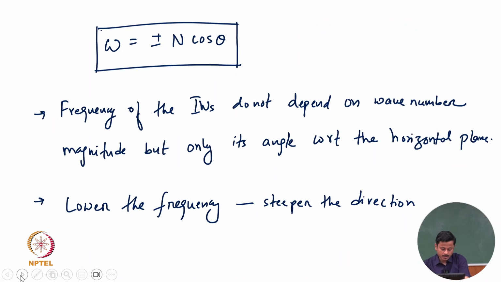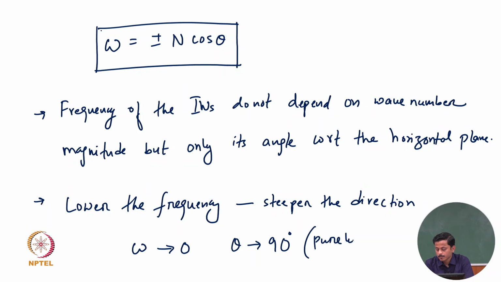So as omega goes to 0 in this limit, theta approaches 90 degrees, that is purely vertical. So very low frequency waves have a very steep angle of propagation, whereas intermediate waves, intermediate compared to N, will have an intermediate frequency and an intermediate angle of propagation.